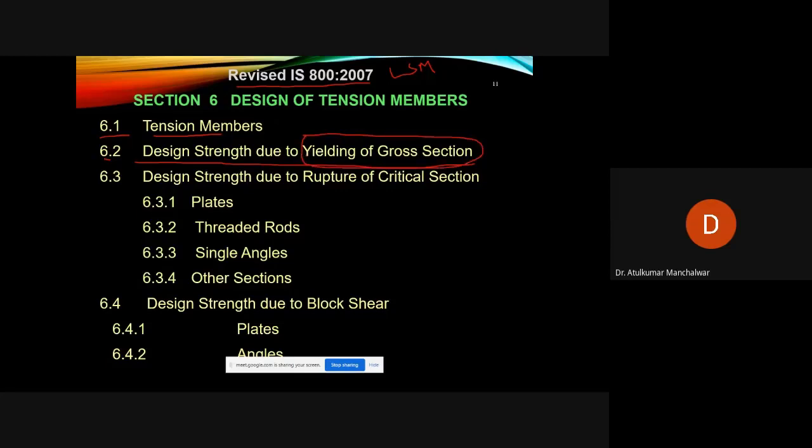Then design strength due to rupture at a critical section. Critical section means, as I already told you, we are providing a hole, and the edges of the hole are the critical section. So we have to calculate both design strengths, and according to that we need to design our section.